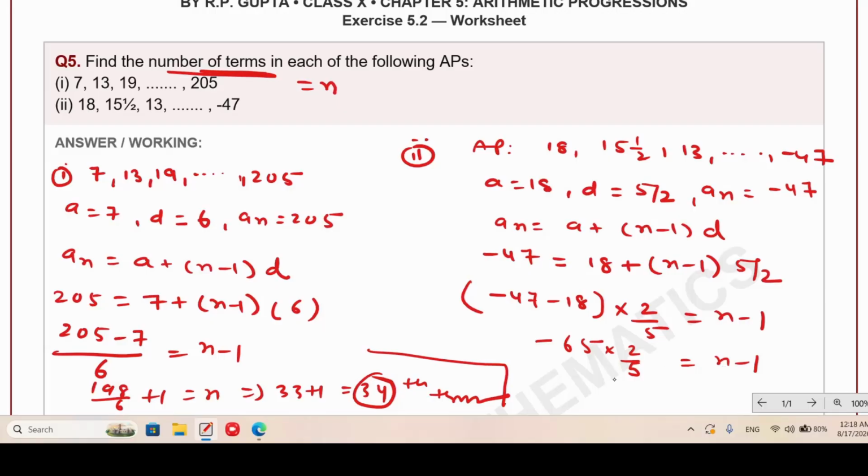Okay, so this one is negative 5 by 2, right? So in negative 5 by 2, the minus minus cancel, and this is 13, 13 twos are 26. So 26 plus 1 equals n, that is 27, the 27th term.